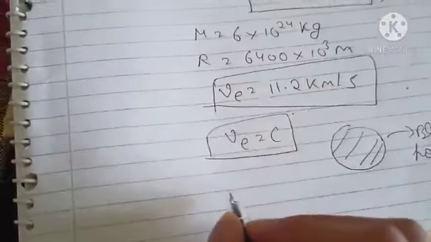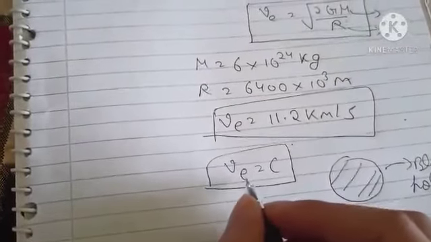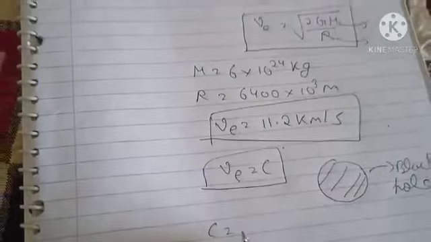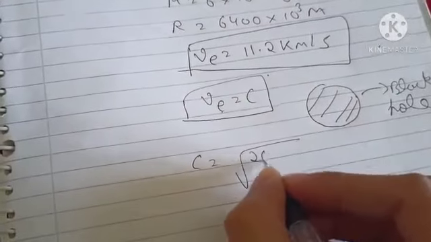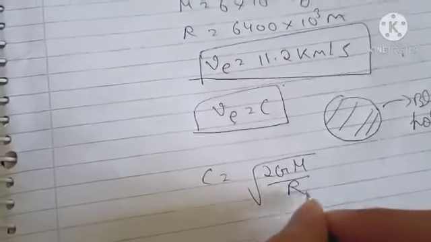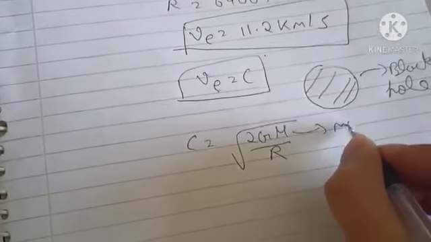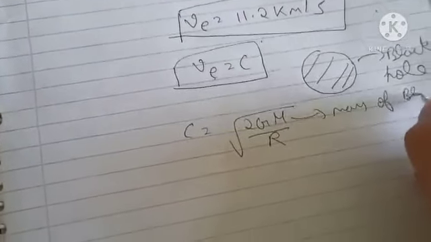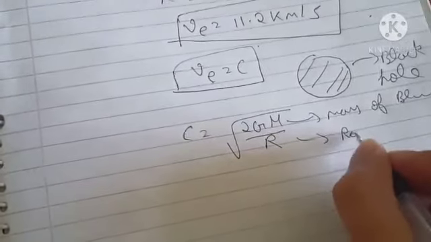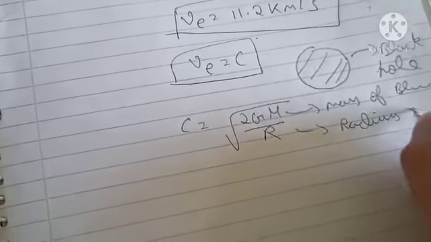So if I apply the equations, let's put V escape is equal to c in that equation. So c, the speed of light, is equal to under root 2GM divided by r, where M is the mass of the black hole and r is the radius of the event horizon of the black hole.